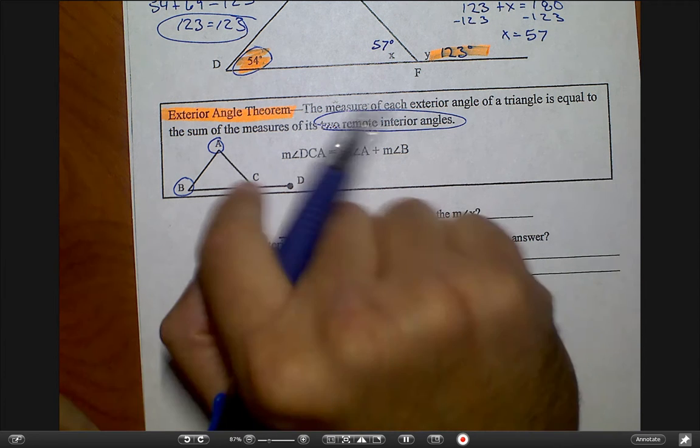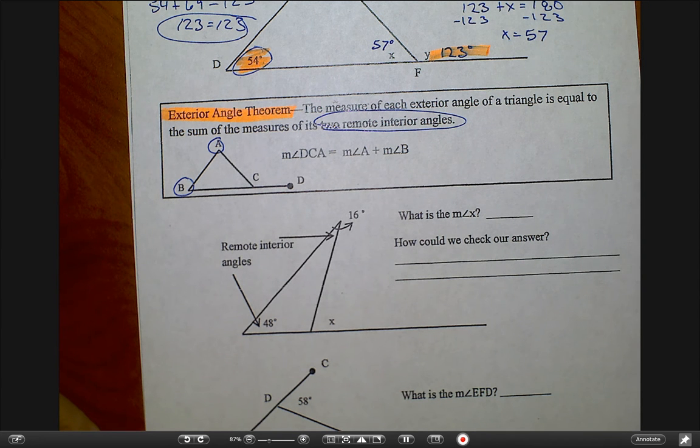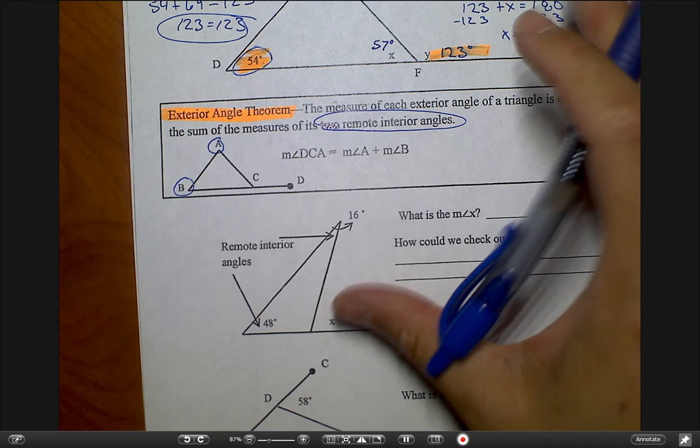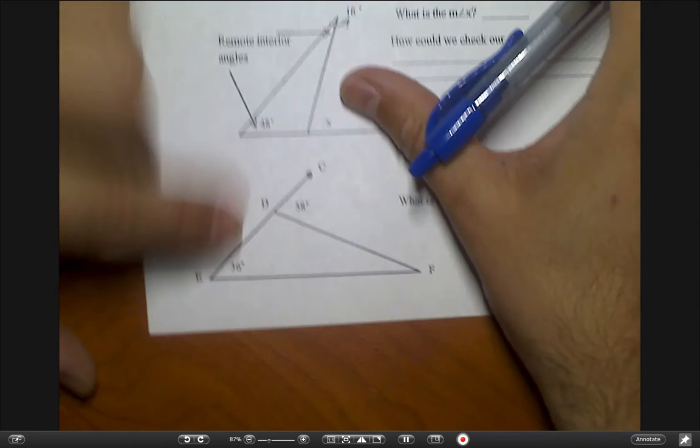That's very important that you identify these. Any questions before I go on to the next part? I think this will make a whole lot of sense when we get to the practice, because right now it's just formula.